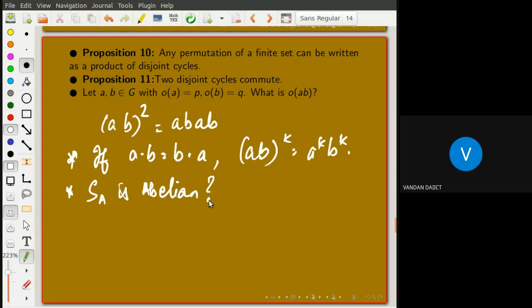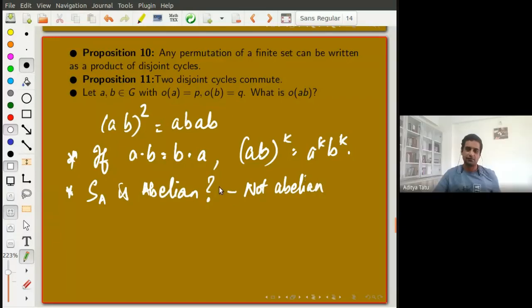Sir, in general, it is not abelian because it is not necessary to be disjoint cycles. Yes, so that's the simplest answer.